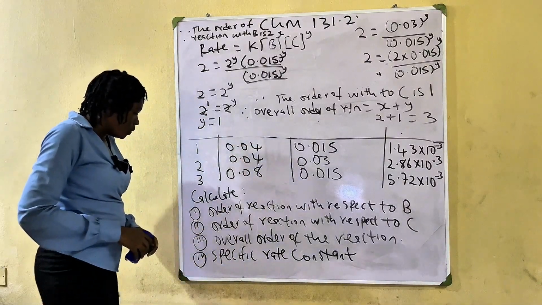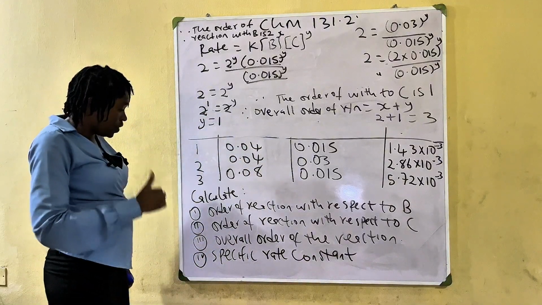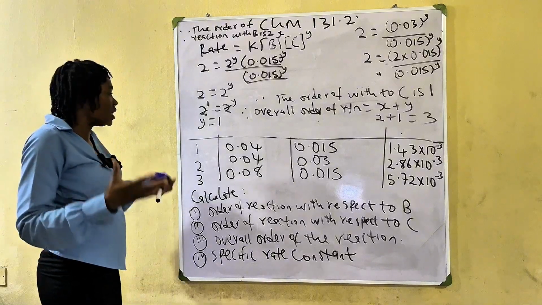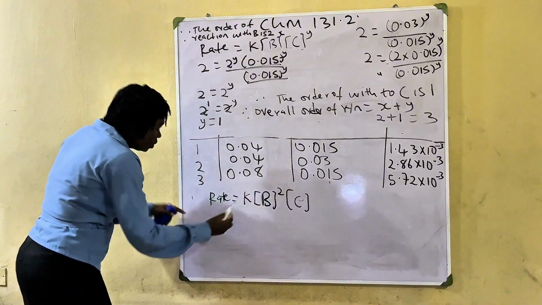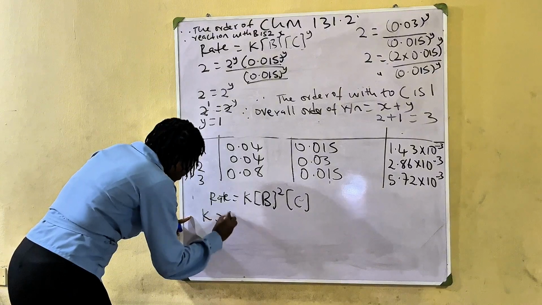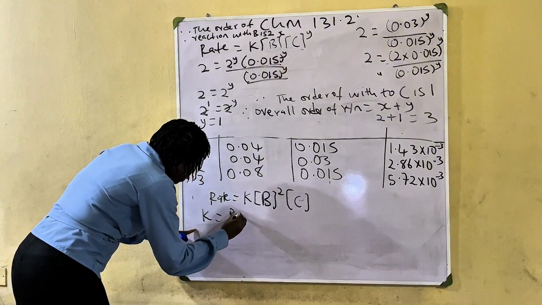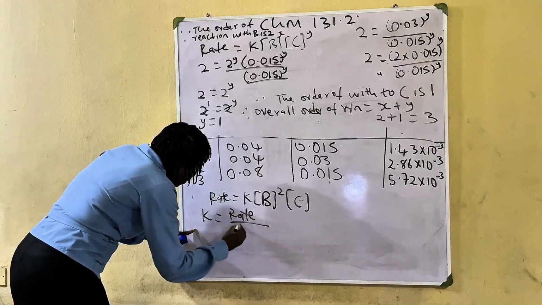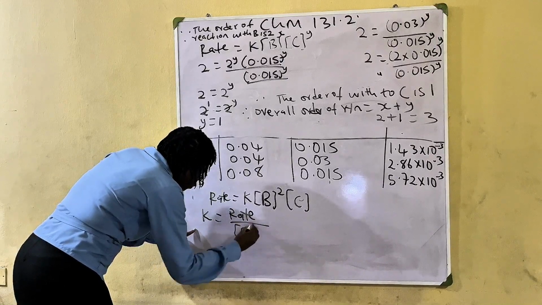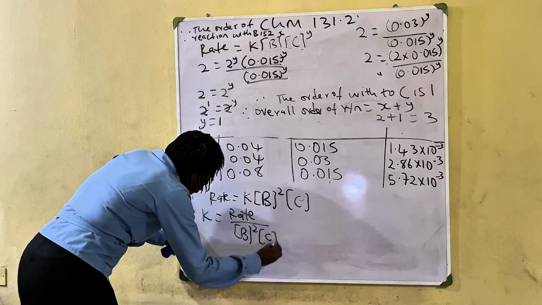So next question is specific rate constant. Calculate the specific rate constant. Make this k. I'll set the formula. k is equals to the rate all over [A] raised to the power 2 [C].